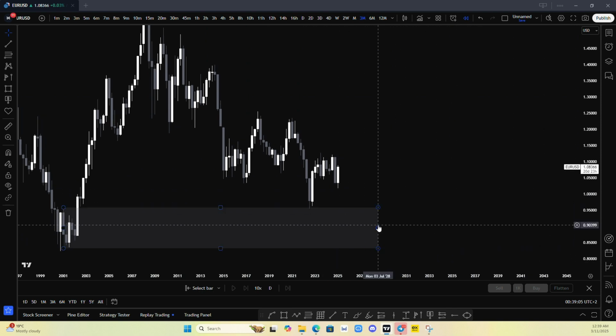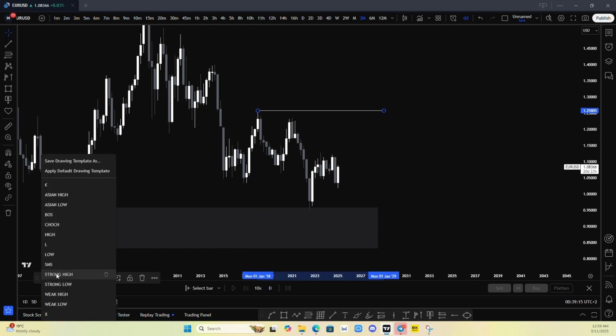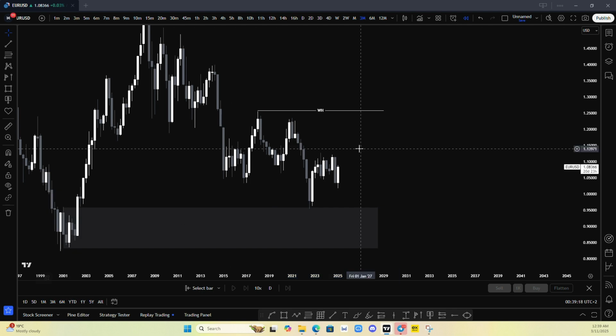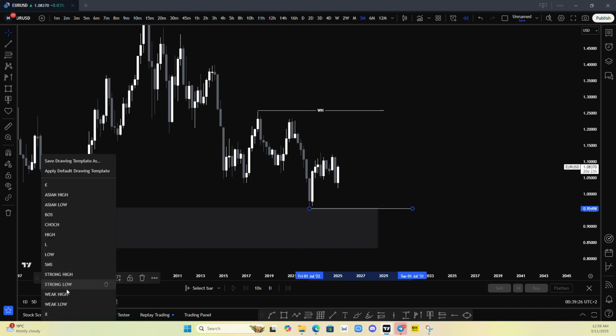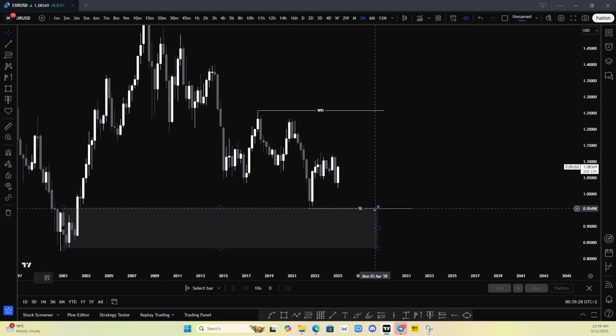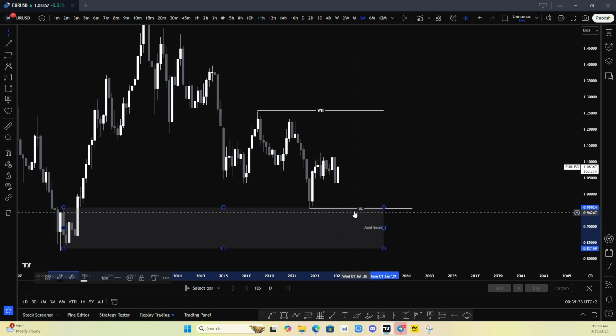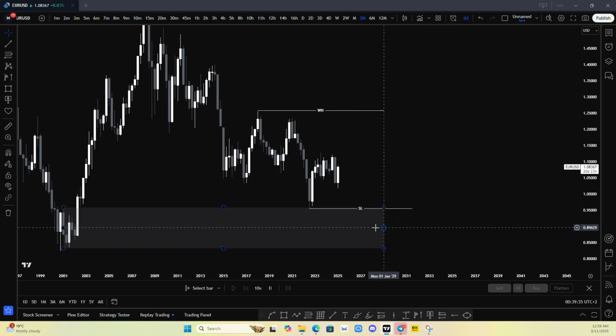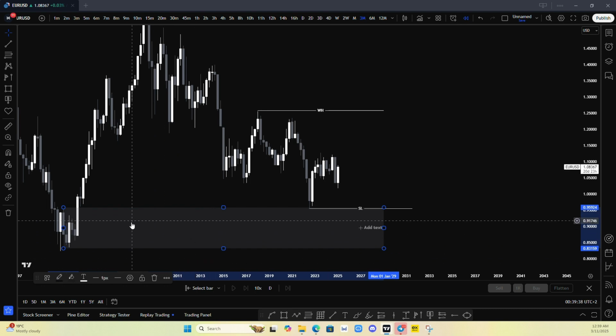On the 3-month chart, price is currently ranging in between this high here, which is going to be a weak high, and this low here, which is going to be a strong low. It might be confusing why this is a strong low. This is a strong low because price has tapped into a demand area on the 12-month chart.